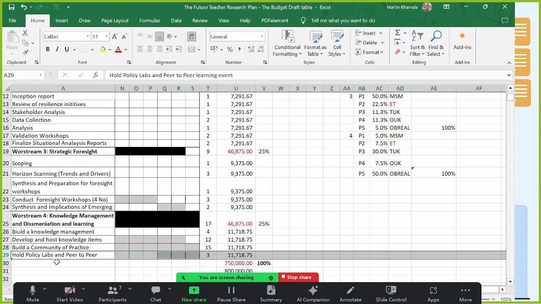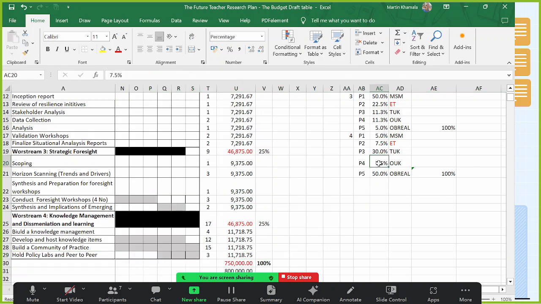OUK probably can do much more there, like here, these peer labs and peer-to-peer, these policy issues. I imagine because it's a learning component. But we should add an activity for that so that we capture it.